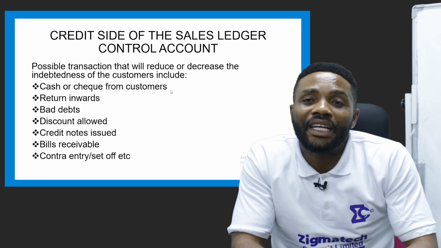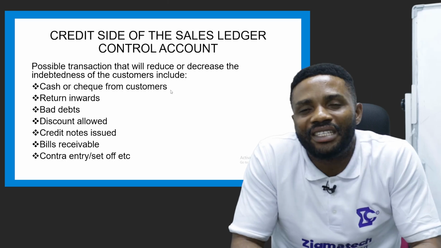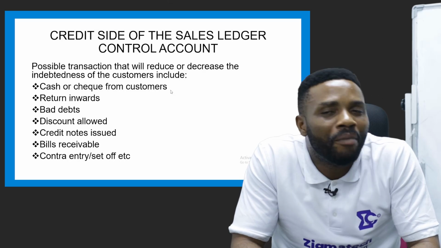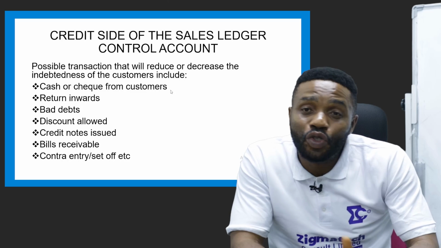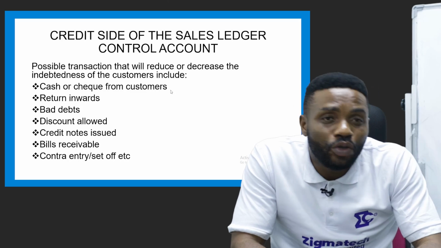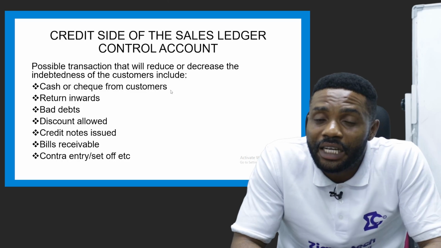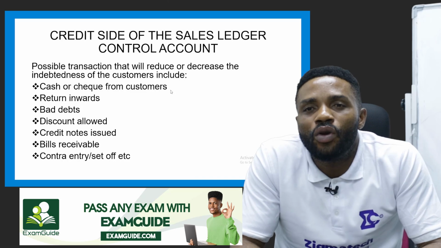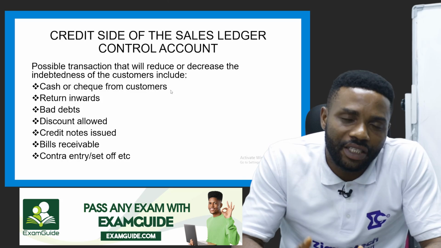Somebody has owed you for 3 years and you are still saying, pay my debt. Why not just give the person a discount? You say, you are owing me 1 million, can you pay 500,000 if you can pay this year? And the person will struggle. That's about 50%; you've given him a 50% discount. So whenever you give a discount, that discount has reduced his indebtedness.